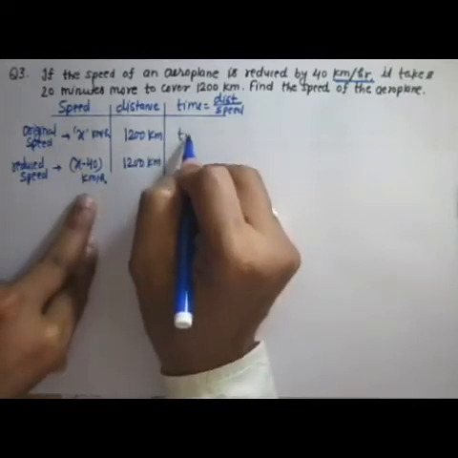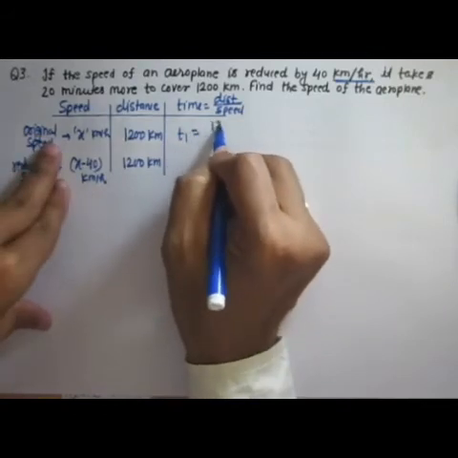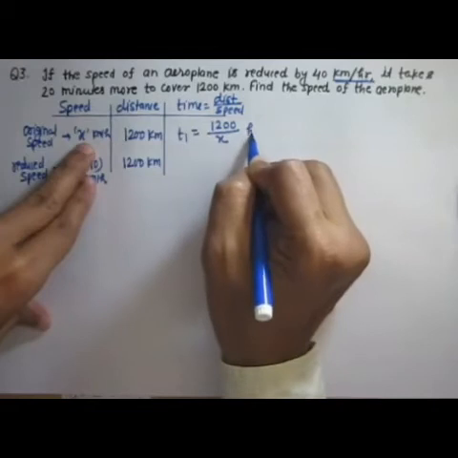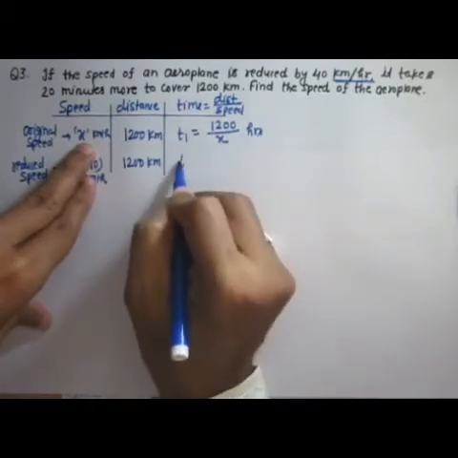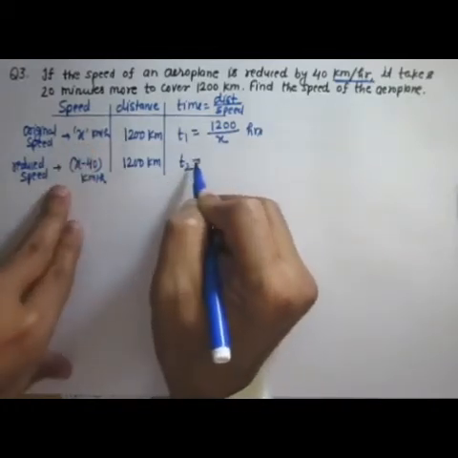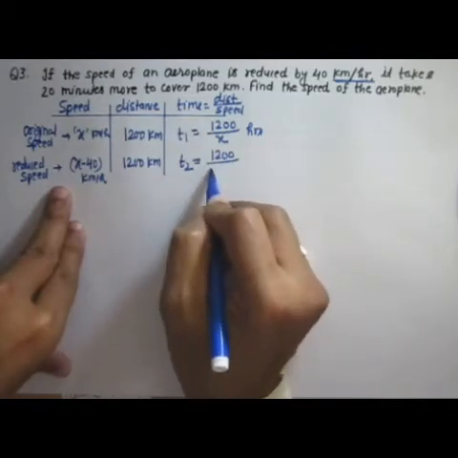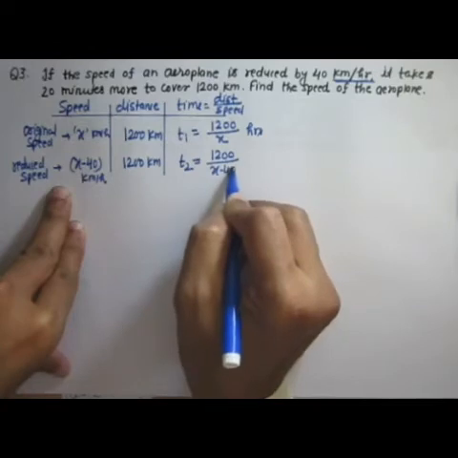So time taken with the original speed is 1200, distance by speed x, and unit will be hours. Now with the reduced speed, the time taken will be 1200 by x minus 40, and unit will be hours.